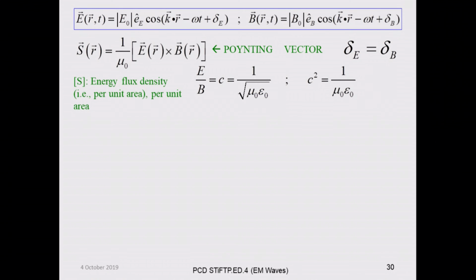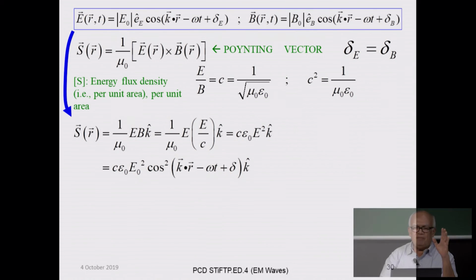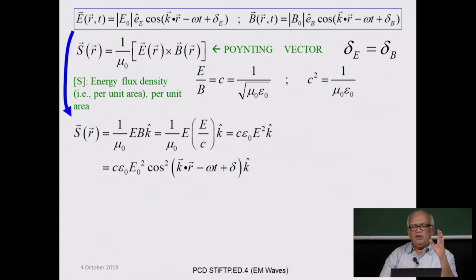This is the flux density. We have already noted that the phases of delta E and delta B are the same, and you can now actually work out this cross product, which will be E cross B. So it will be EB in the direction of k.